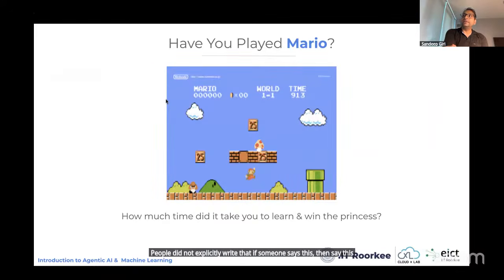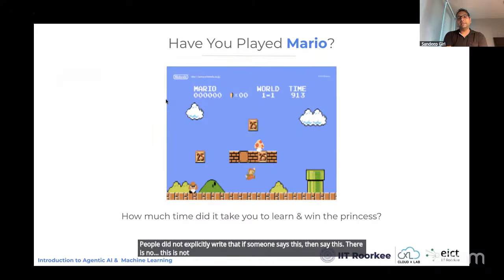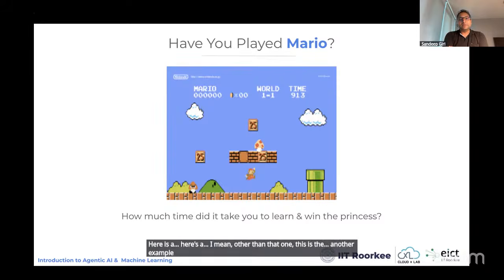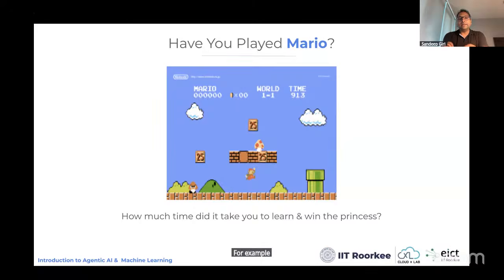This is not hand coded. Instead, people created lots and lots of question answers or scraped data from the internet and then trained the machine on that data. Another example is playing Mario.